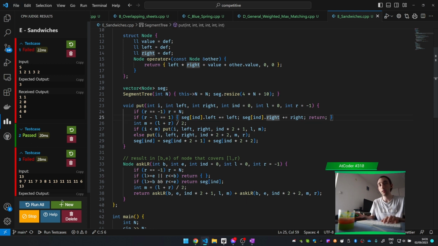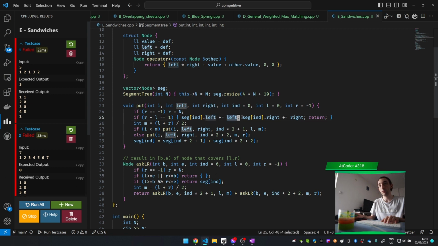This should be the case. I don't see how. The left side, we added to the left side. Oh, yeah, the right side we added.